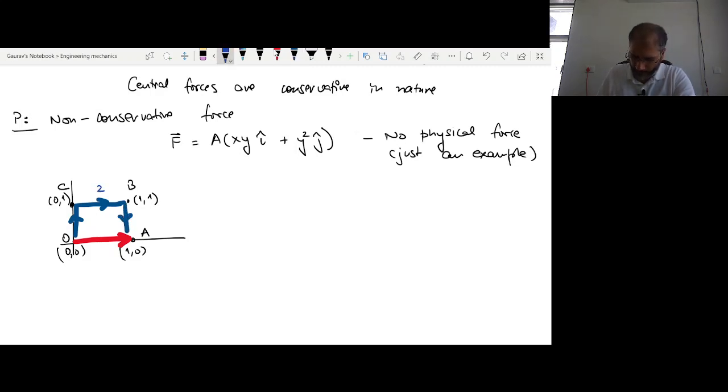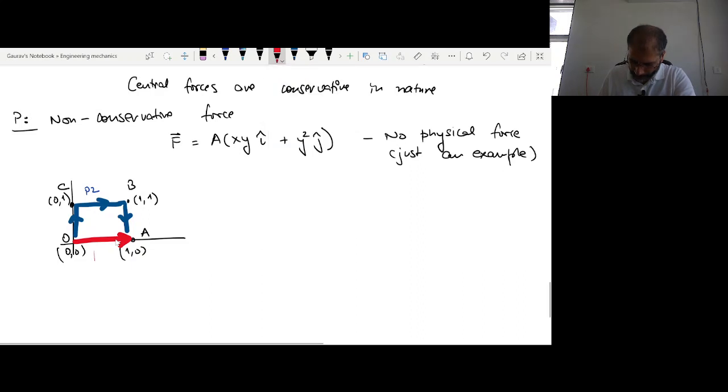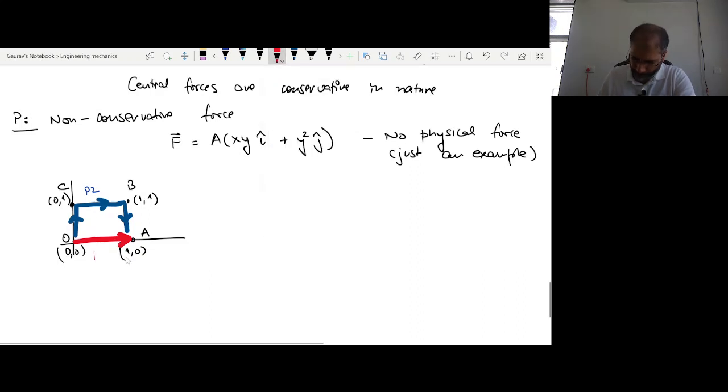So this is path number 2. This is path 1.